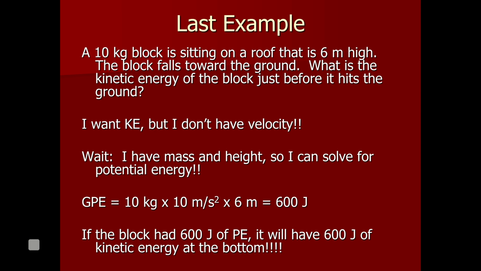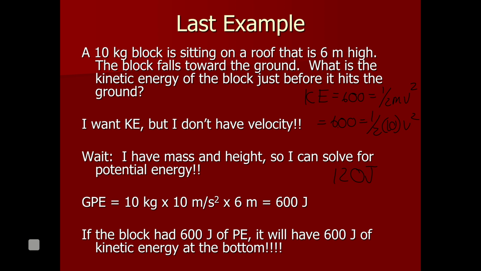We can then possibly calculate the velocity of the object. We can say KE equals 600, which equals 1/2 mv squared. So 600 equals 1/2 times 10 times v squared. I'm not going to be able to complete this in my head, but 1/2 times 10 is 5. 600 divided by 5 would be 120.